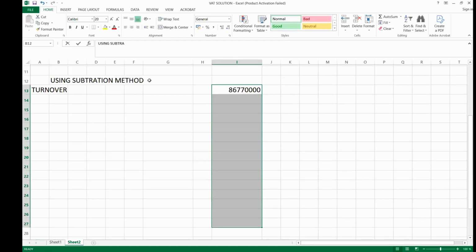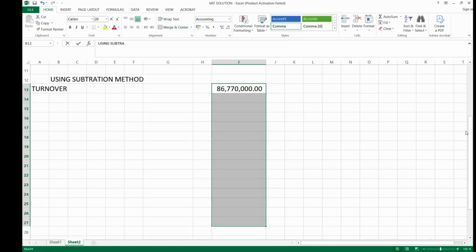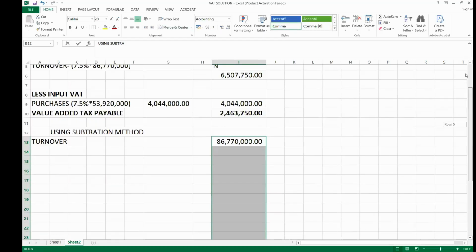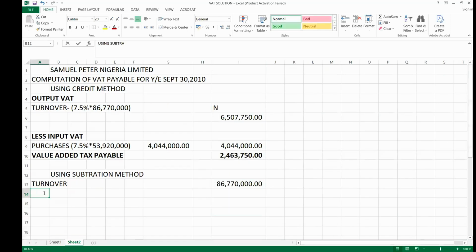Then you remove the direct purchases from the turnover. The direct purchases happen to be 53,920. So you remove it from the turnover.